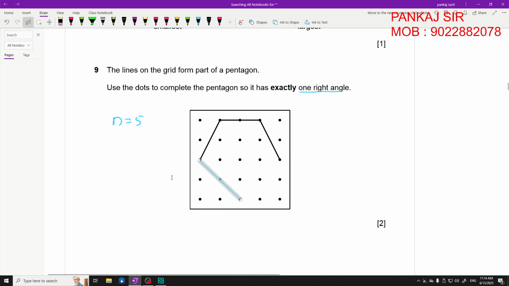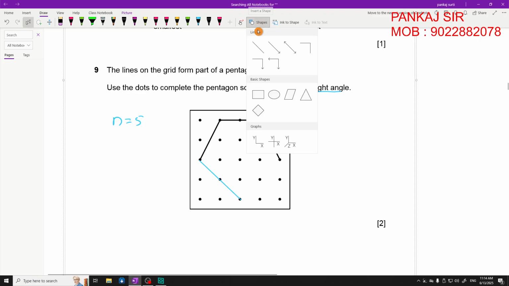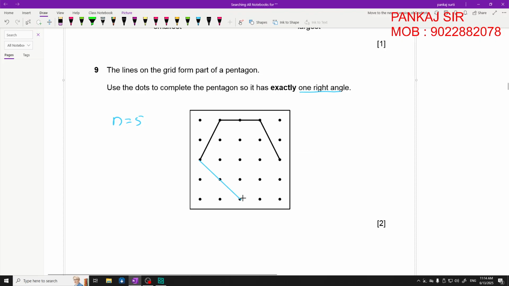Now this is one line and another line should be this. Okay, from here to here. Now I am drawing these two lines because I know the angle between these two. Okay, that is this angle is 90 degree. Okay, this has to be 90 degree. Okay, so this is my answer.